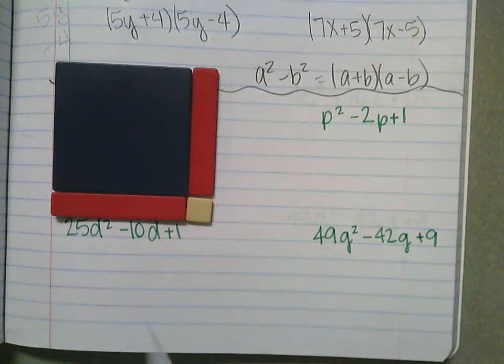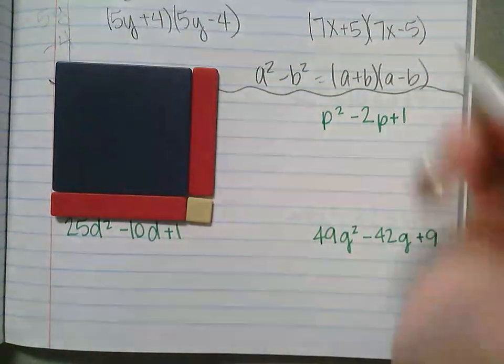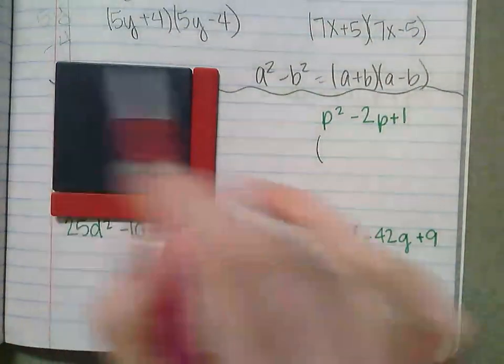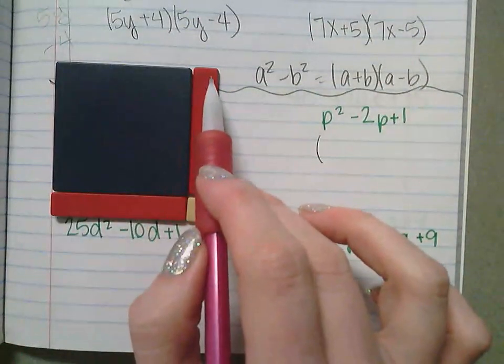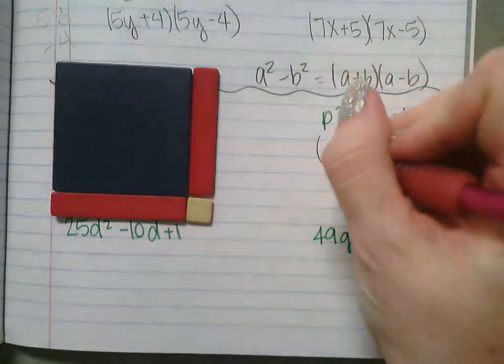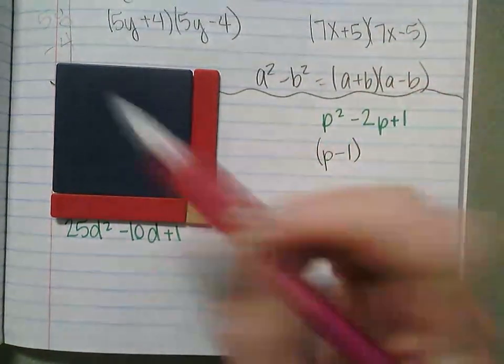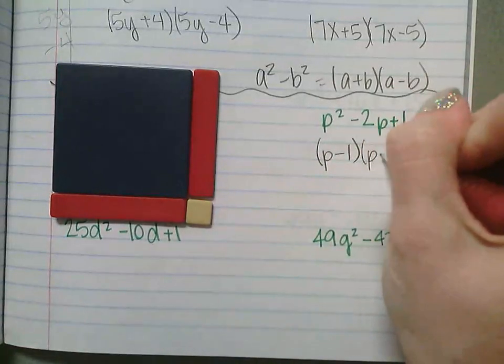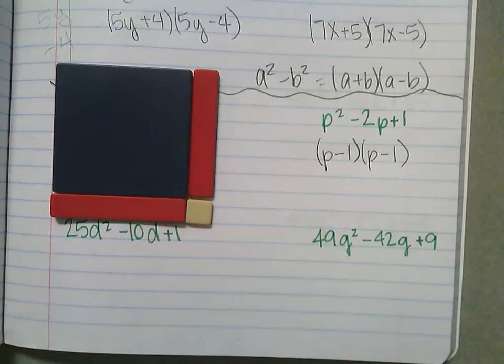How are we going to write this answer? P, then minus 1. And then down the side, what is it? P minus 1 again. What do we call it when something is timesing itself?